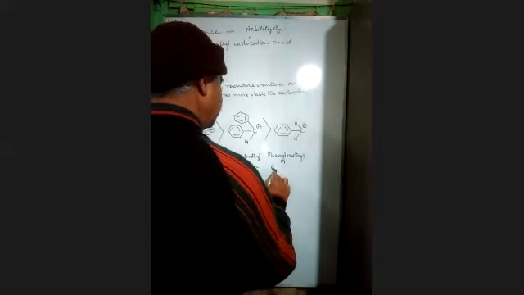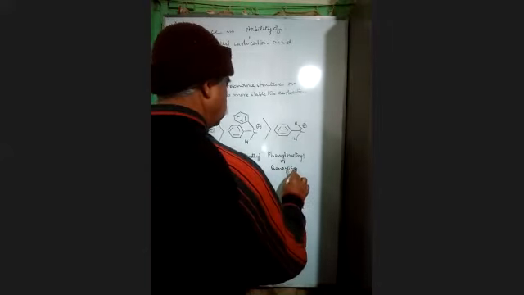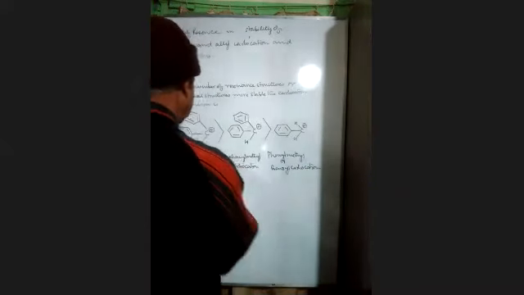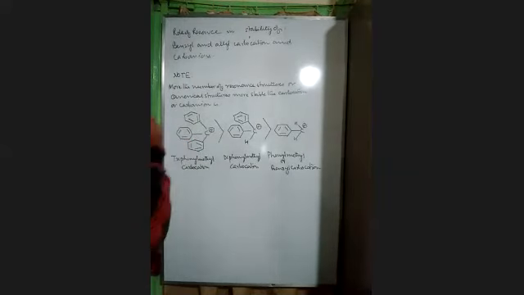Benzyl. Why is it more stable? See, we have already drawn the resonance structure of benzyl cation. There are 5 resonance structures. In this case, because of 3 phenyl, all these phenyl repeatedly go for resonance stabilization.